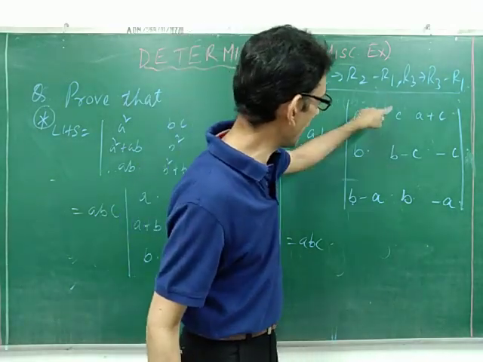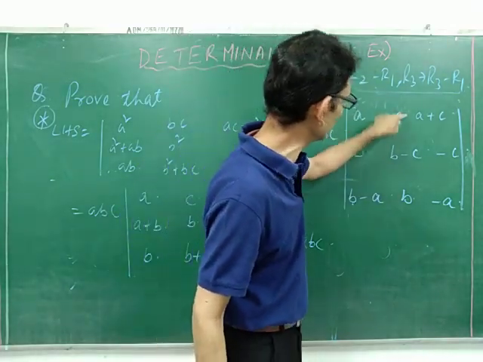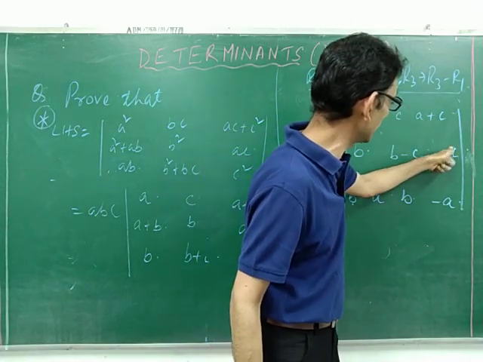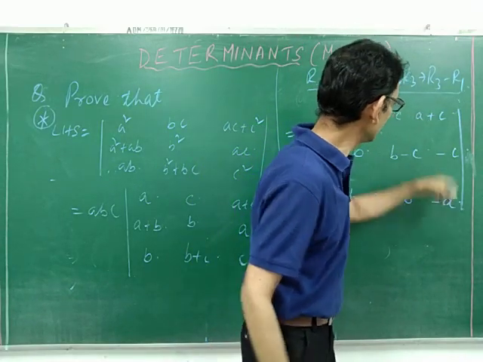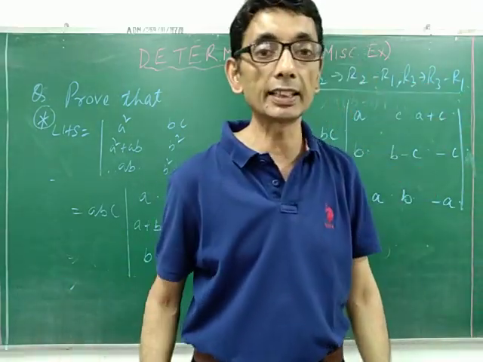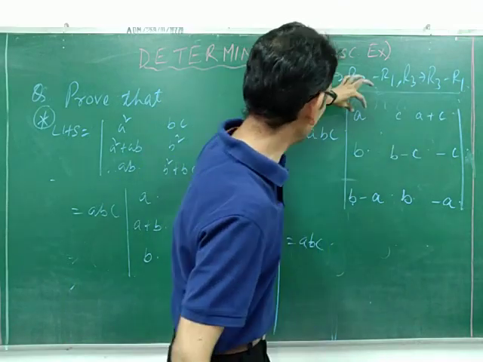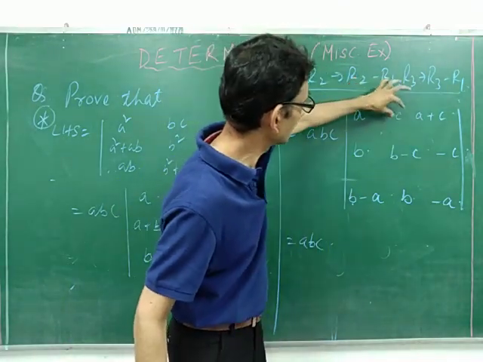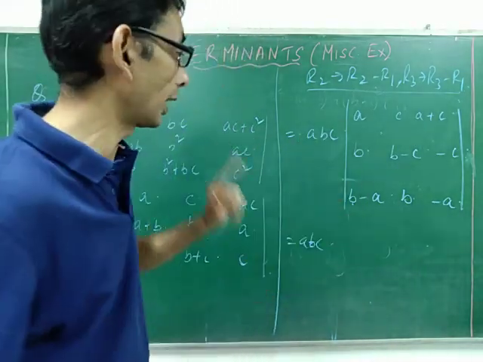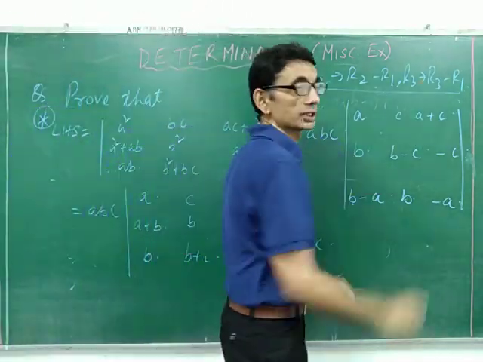And if you add this, C will cancel out, you are going to get twice B. And if you apply A plus C minus C and minus A here, minus A and plus C and minus C will get cancelled out. You are going to get 0 here, and you are going to get here 2B, here also you are going to get 2B. That means you can take 2B out from row 1 only because of this rule being applied.